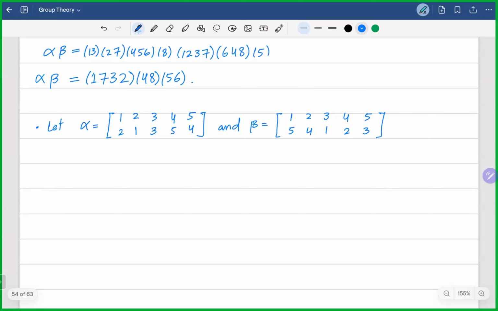Okay. Now, in cycle notation, alpha is nothing but 1, 2, complete cycle. 3 is fixed, then 4, 5. And beta is nothing but 1, 5, 3, complete cycle, and then 2, 4. Okay. Now, alpha beta is going to be, let's write them first like this.